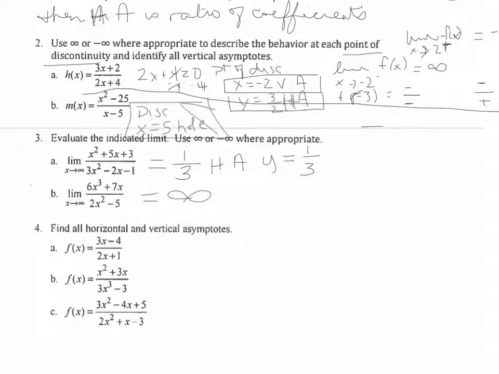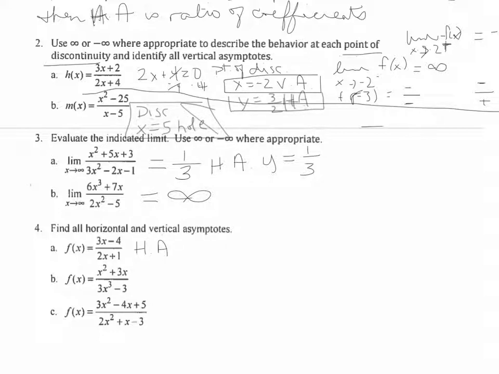Okay. Now, on these last ones, we just have to find the horizontal and the vertical asymptotes. So a horizontal asymptote occurs by looking at the ratio of those leading terms. Okay?